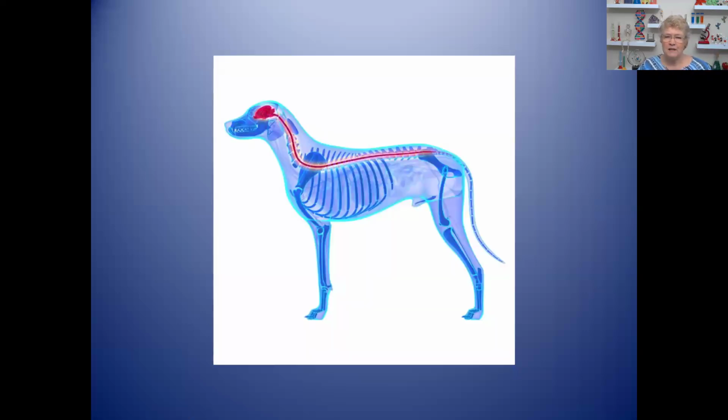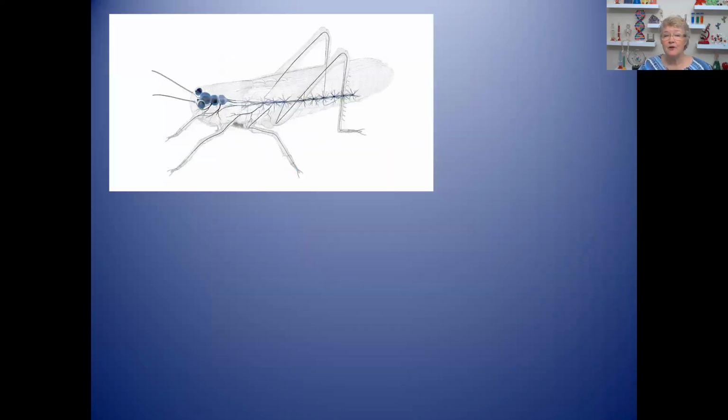Think about a grasshopper. Do you think a grasshopper has a nervous system? What do you think? Yes or no? Yeah, a grasshopper is an animal, so it has to have a nervous system. Right here, you can see the nervous system of the grasshopper. What about a jellyfish?